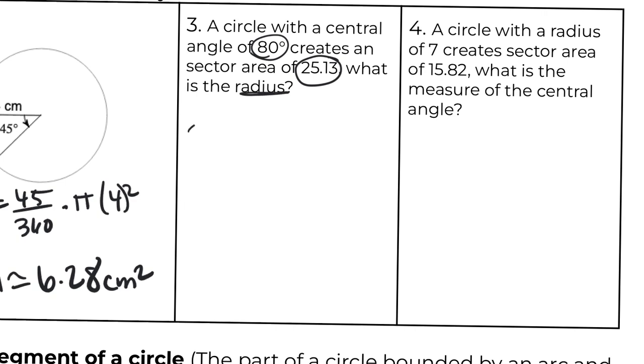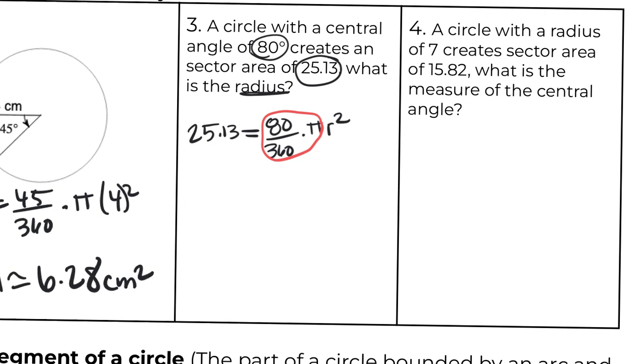So my area of my sector is equal to the percentage I have of the circle times the total area of the circle. Since we are rounding, I'm just going to take this part and type it into my calculator.